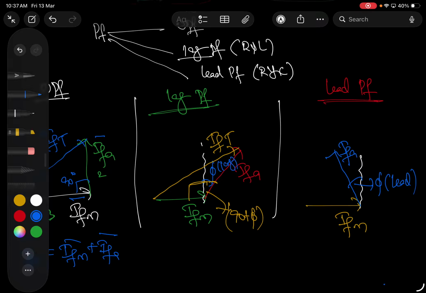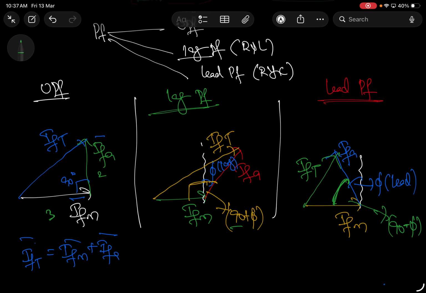The resultant of these two will be IFT. Now what is the net angle? Previously the total angle was 90 plus phi. Is phi added or subtracted? It has to be subtracted. Now it is 90 minus phi. So for the three cases: for unity power factor the angle is 90 degrees, for a lagging power factor it is 90 plus phi, and for a leading power factor it is 90 minus phi.